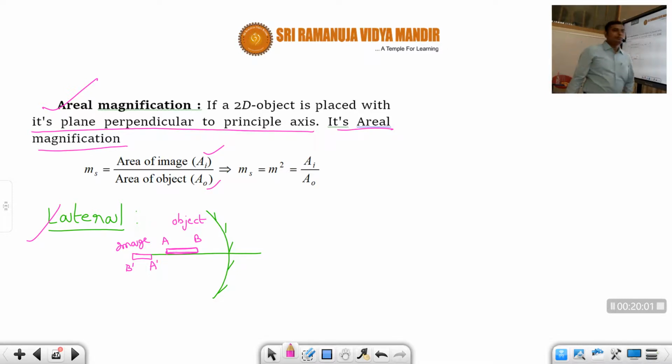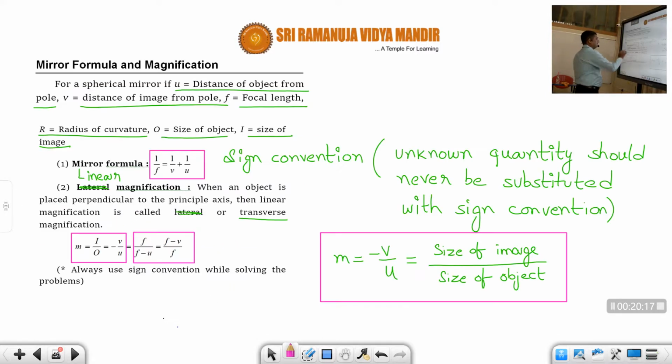So the aerial magnification is given by m square, that is equal to AI by AO, where m square is the aerial magnification and m is the linear magnification. Right now not required, just remember linear magnification. This is very, very important, okay students, along with the mirror formula.